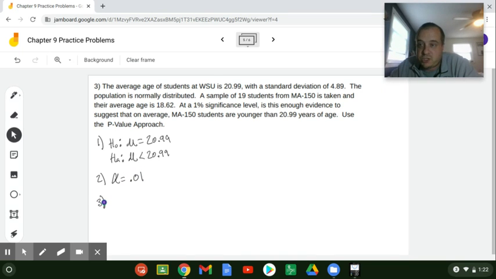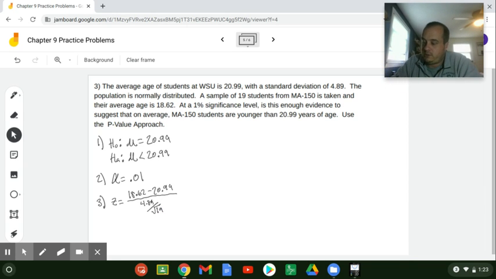Step 3, I'm still going to calculate my test statistic. So my z-score here, okay, this is a z-test because we know the population standard deviation. There's my population standard deviation right there. So my sample mean, 18.62 minus 20.99 divided by my population standard deviation, which is 4.89, over the square root of my sample size, and I'm talking about a sample of 19 right here.